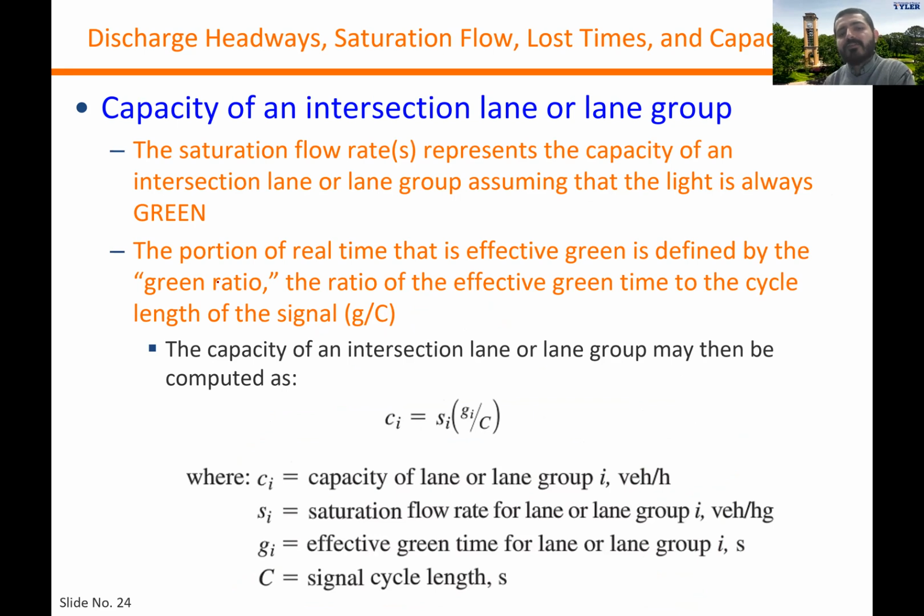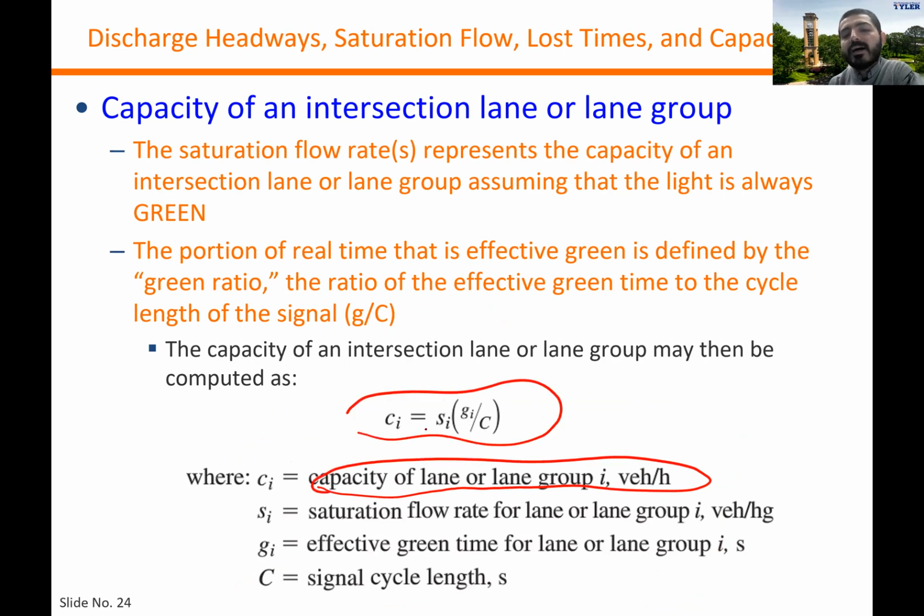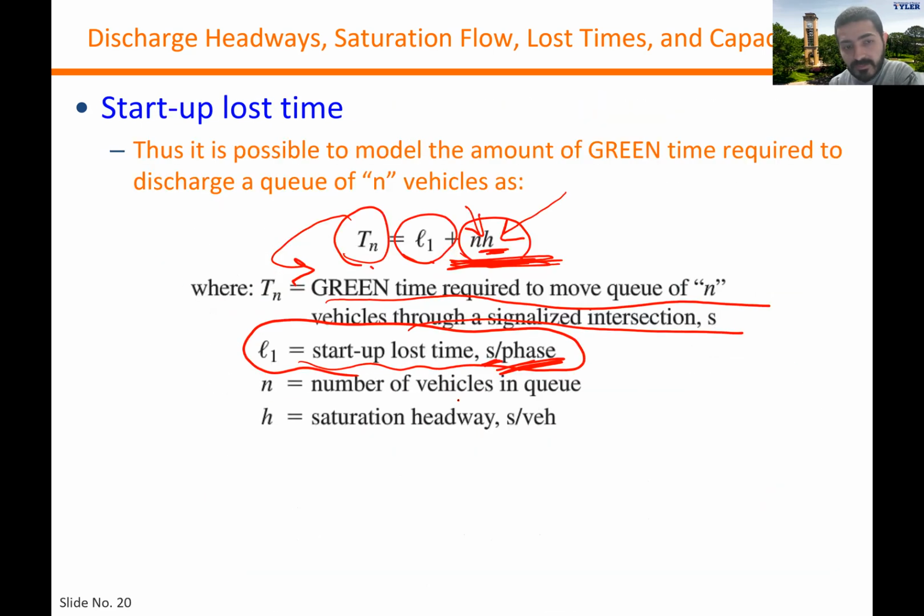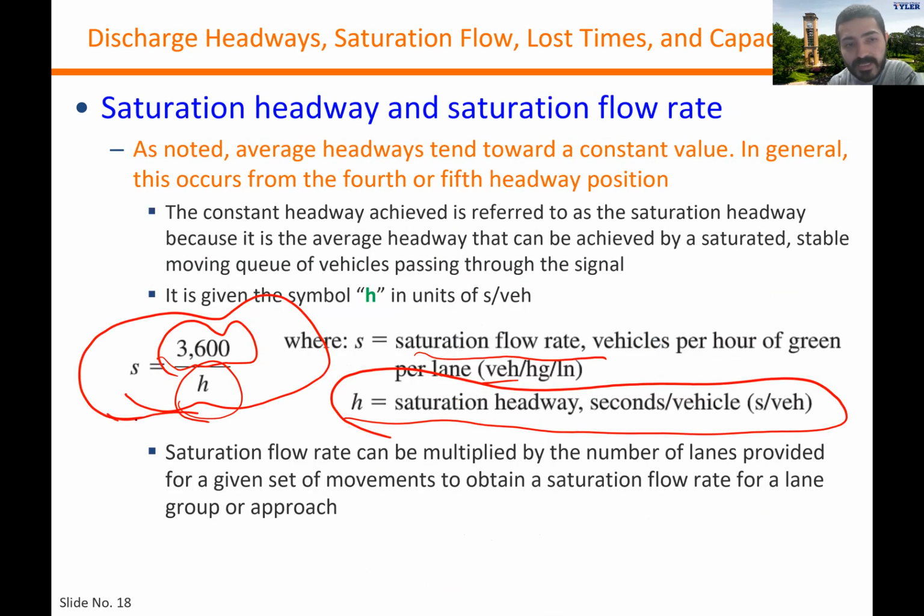And that gets us to the concept of the capacity of a lane or any lane group, which is CI, equal to SI, the saturation flow rate that we mentioned previously, which is 3600 seconds over the saturation headway, times a ratio. Last time, this equation was very theoretical, where we said the saturation flow rate is simply 3600 seconds over headway.